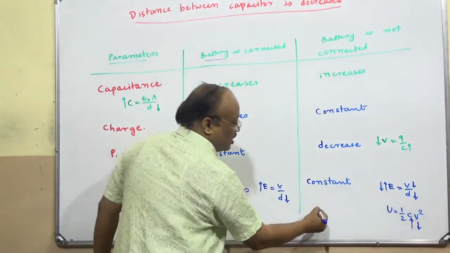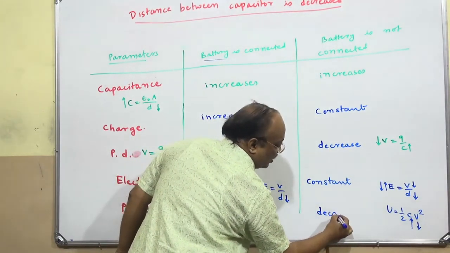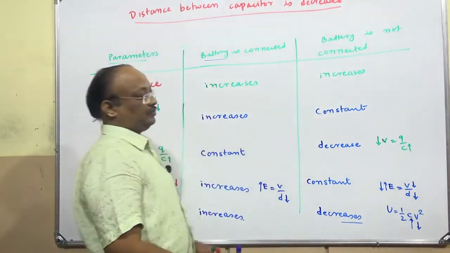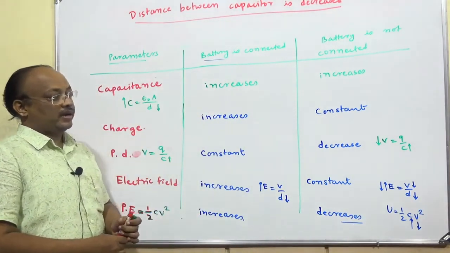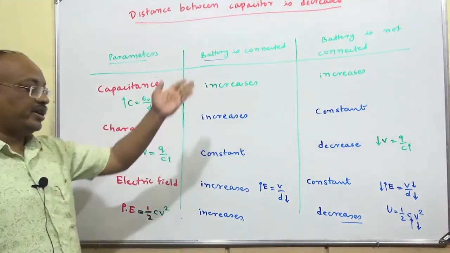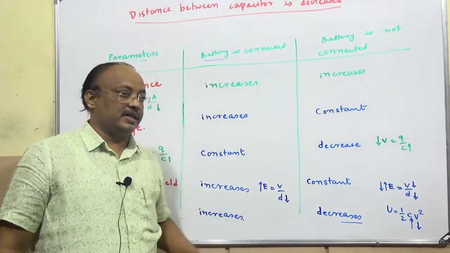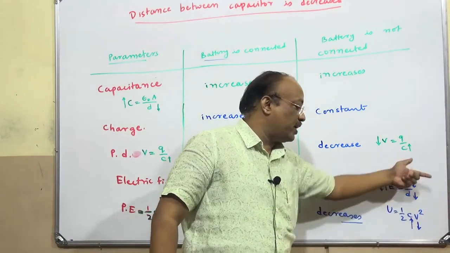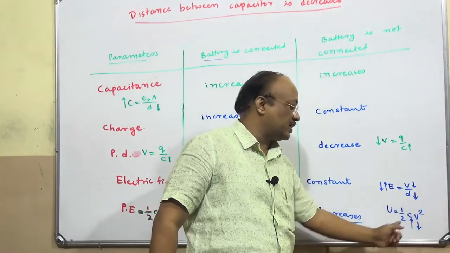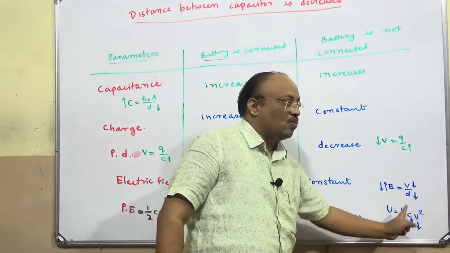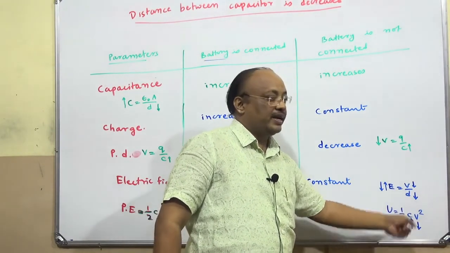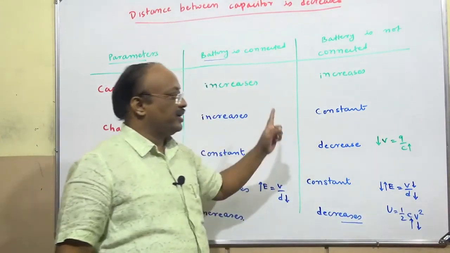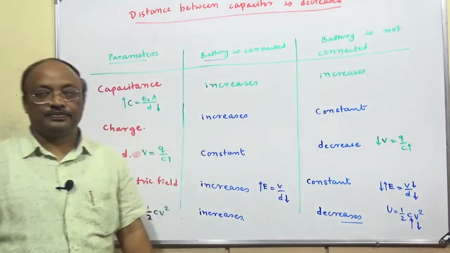So therefore, the net amount decreases. So when the battery is not connected, the potential energy decreases, because V square is decreasing, whereas C, by just one power, is increasing. Because of that, the net potential energy decreases.